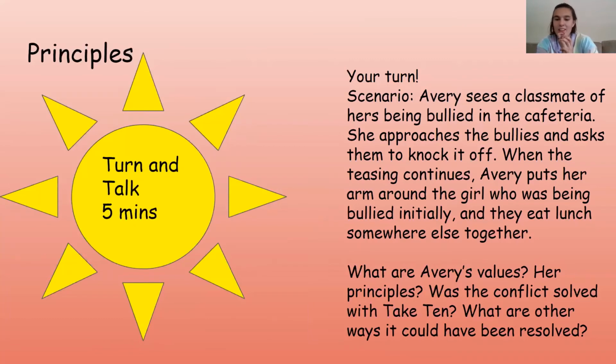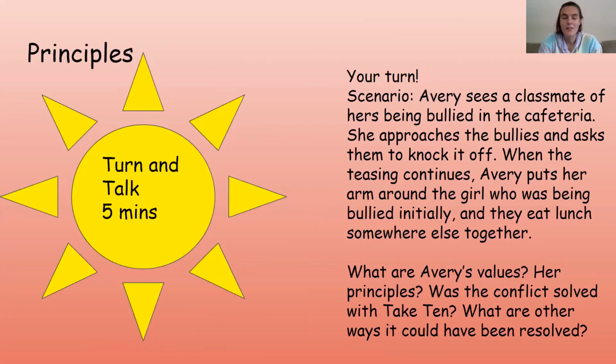Okay, I think that yes, the conflict was solved with Take 10. Remember, there are three things in Take 10. Which ones do you think it was? We have talk it out, walk it out, wait it out. Yeah, I saw talking out the problem and then walking away when talking it out didn't work. She didn't really wait. That's okay.